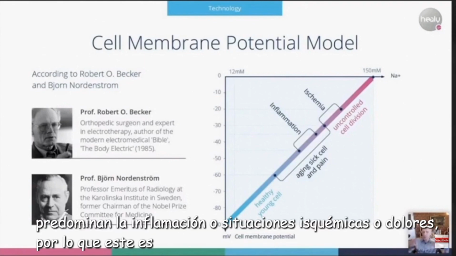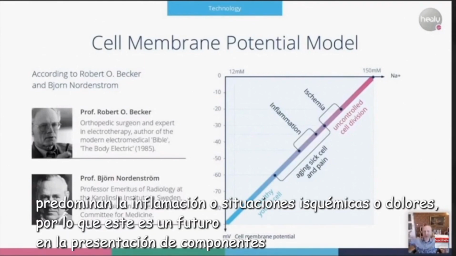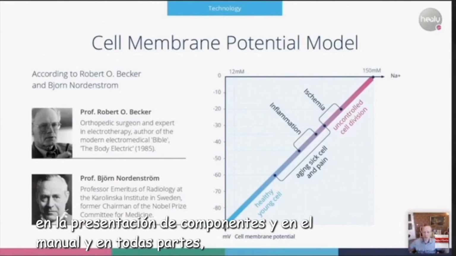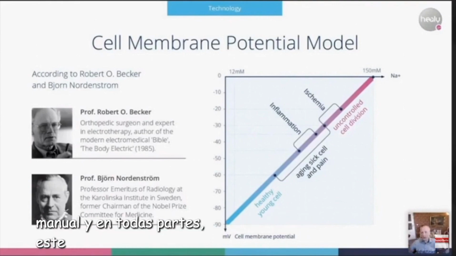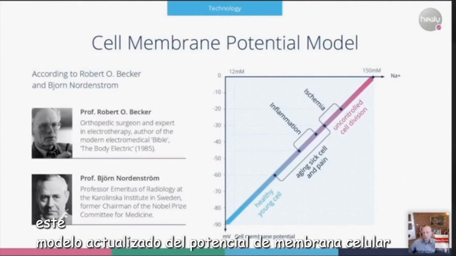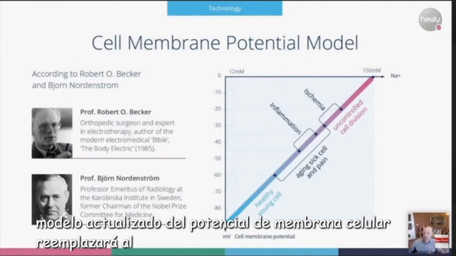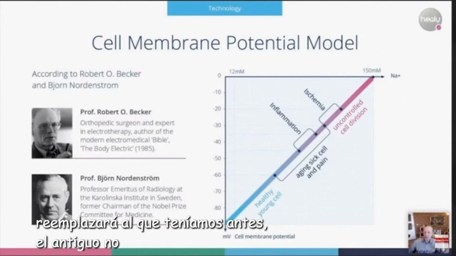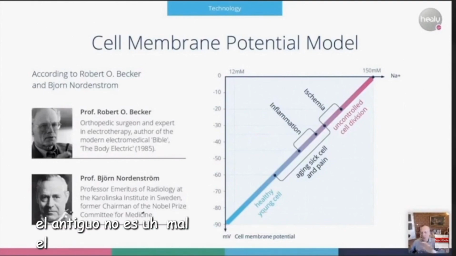So in future, in the company presentation and in the manual and everywhere, this actualized model of the cell membrane potential will replace the one which we had before. The old one is not wrong. The new one is more precise and more scientific.